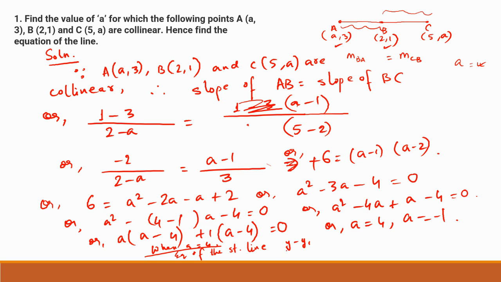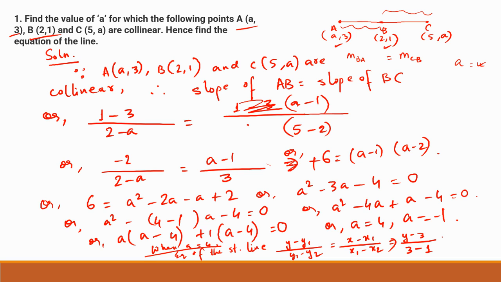So it will be y minus y1 divided by y1 minus y2 equals x minus x1 divided by x1 minus x2, right? So let's say y minus y1. Let's say you are taking this point A comma 3, y minus 3 divided by 3 minus y1. You are taking this point B 2 comma 1.